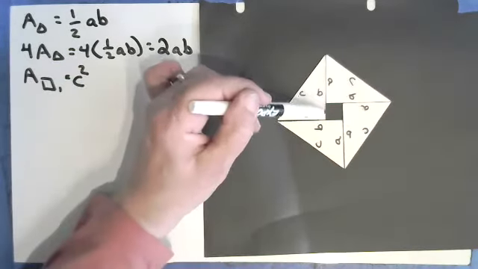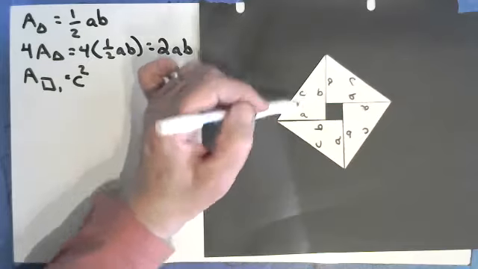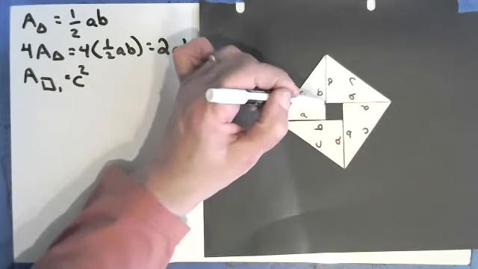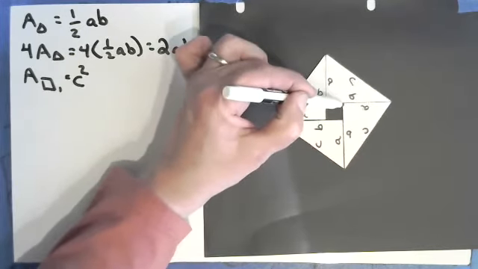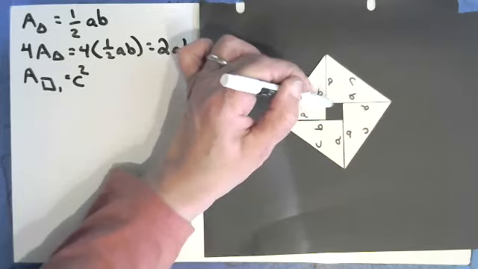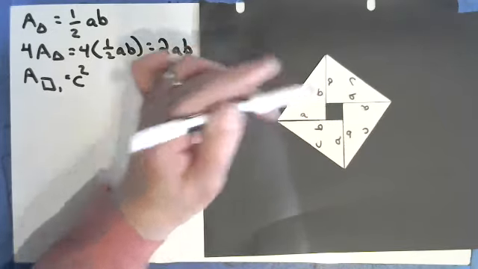And we also have a little hole in our big square. If we think about the dimensions of the hole, we see that it's this length B subtracted off that length A gives us that length for the side of the hole. And that's true for each side.